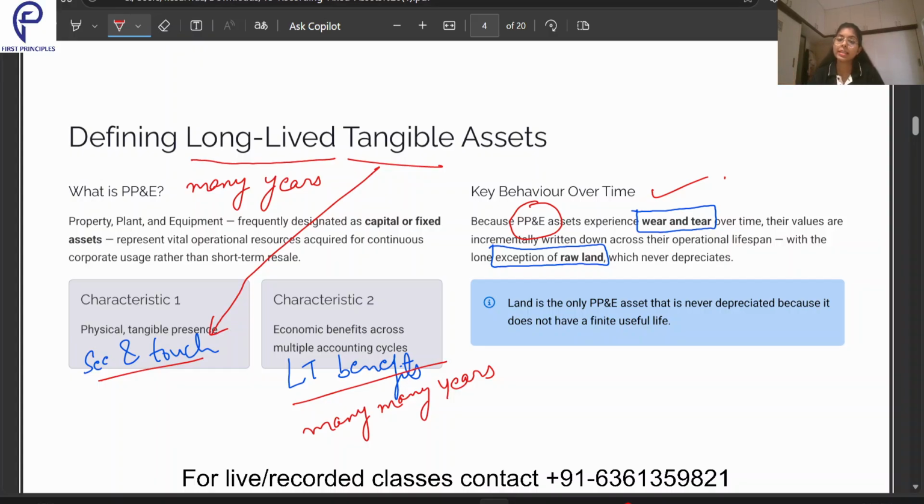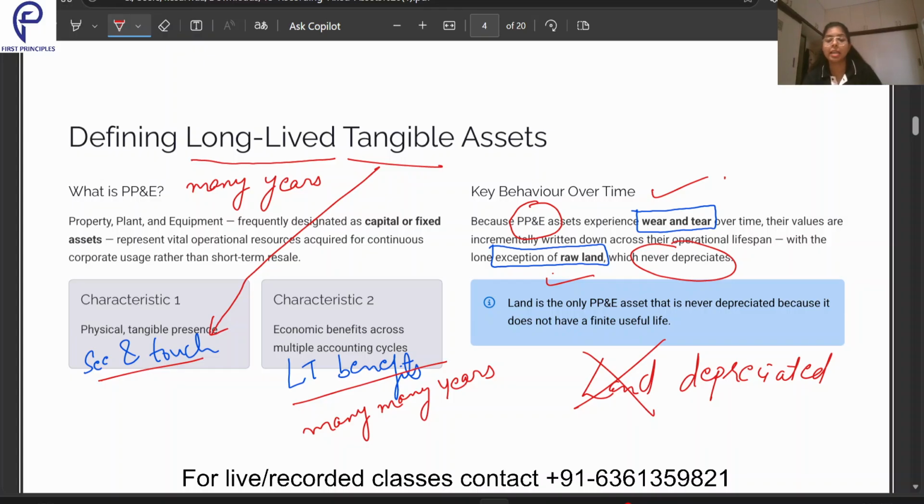Okay, one exception to this is raw land, which never depreciates. That means land is never ever depreciated. We all know that we buy land, our parents buy land or property for investment purposes. Why?